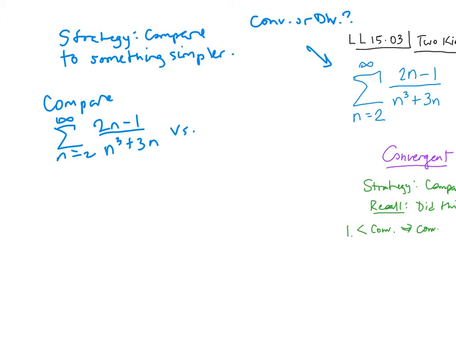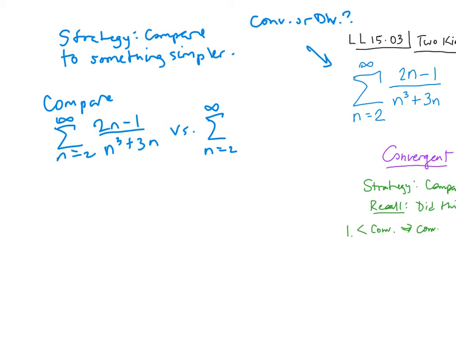Well, what is something I could compare that to that would be simpler, but would kind of capture the same overall broad behavior? Well, let's see. When I look at this series here, I see a whole bunch of complicated stuff, to put it bluntly. But I feel like the part that matters the most is this. Let me switch colors here. There we go.